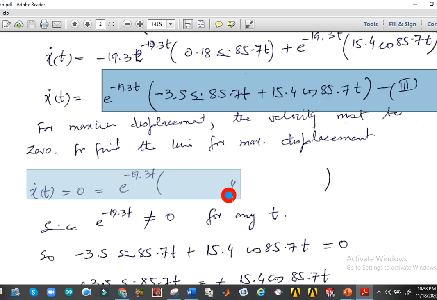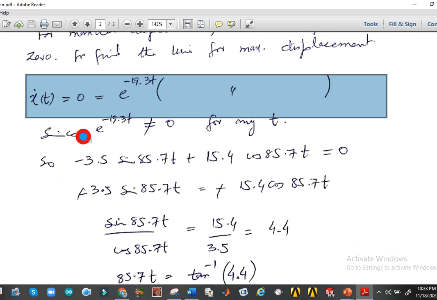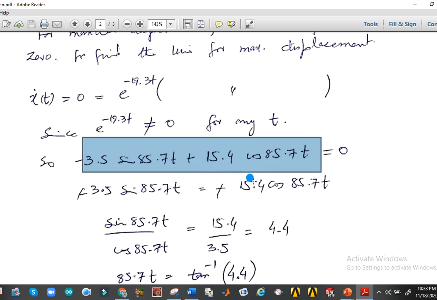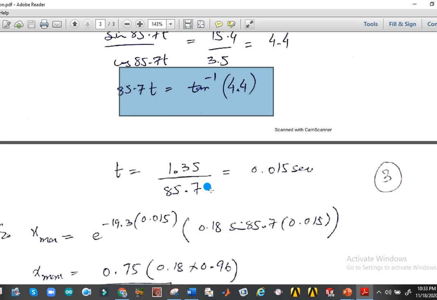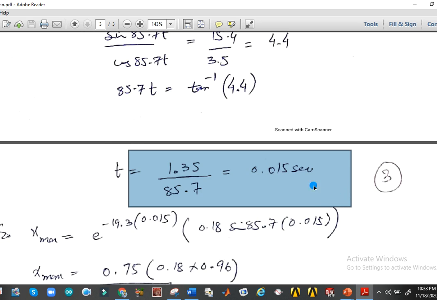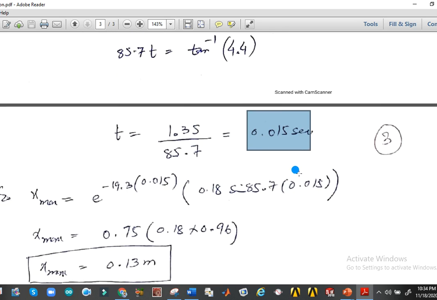So here you can see, putting velocity equal to 0 and solving the expression, we have this term equal to 0, and rearranging the terms and taking tan inverse, finally we have time equal to 0.015 seconds. So this is the time where we have the maximum displacement, that is 0.015 second.